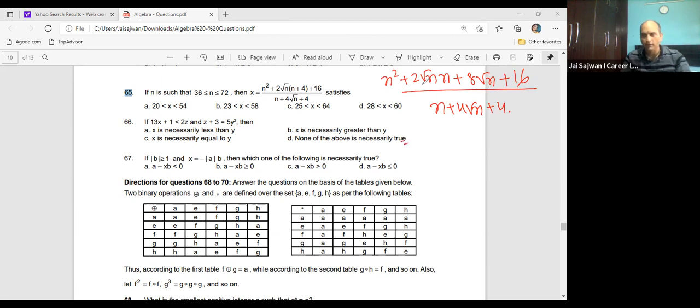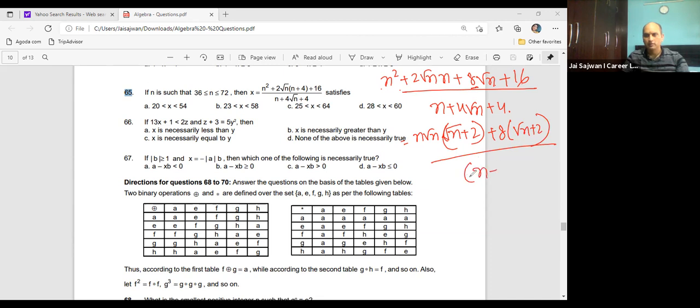I can see from here that if 8 is taken common here, root n plus 2 is there. If n root n is to be taken common here, it is also n root n plus 2. Why? Because this is n into root n into root n, so one root n will be left here. 8 is common here.